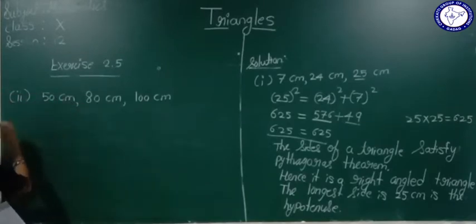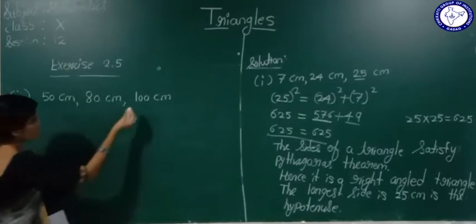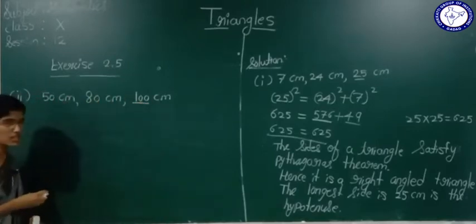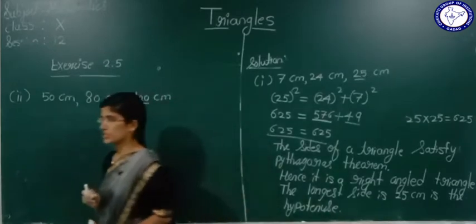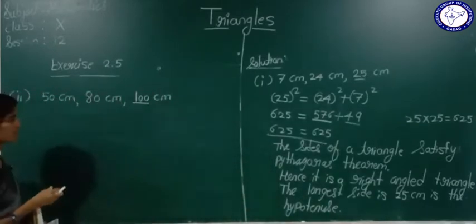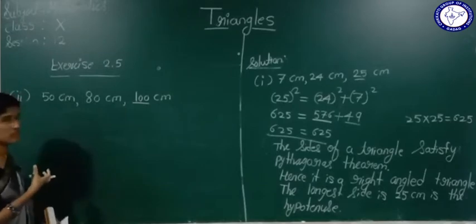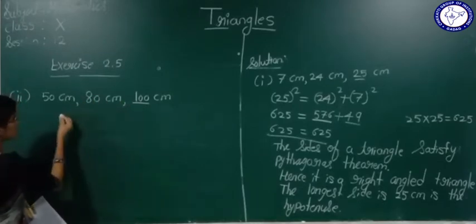Now see, here we will check the same. They are given the sides. We will check the condition, that is Pythagoras theorem. We will check here. See what is that?